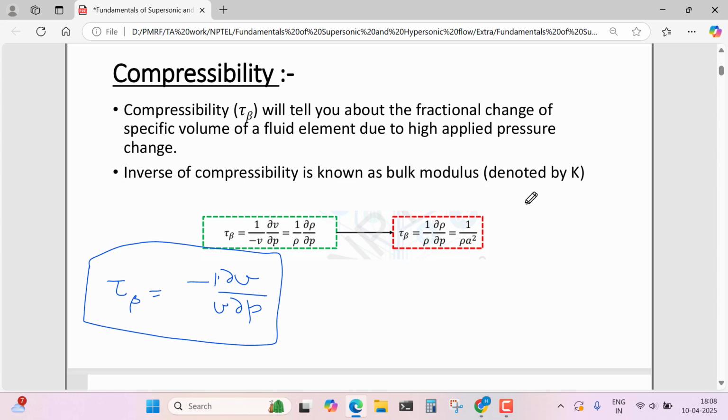Now we know that V equal to 1 by rho, where rho is the density.